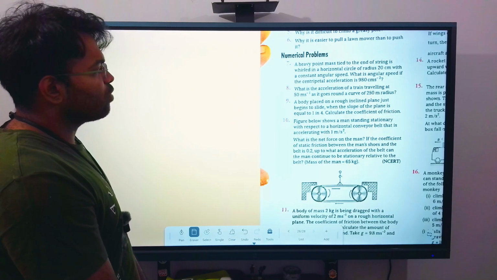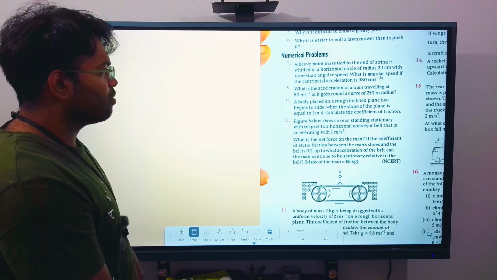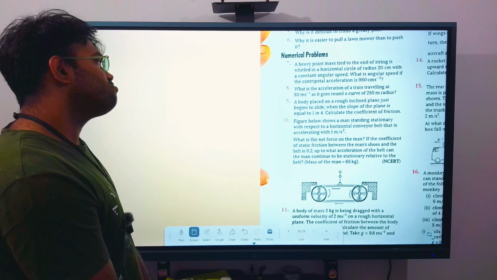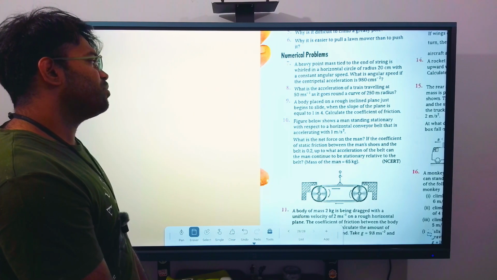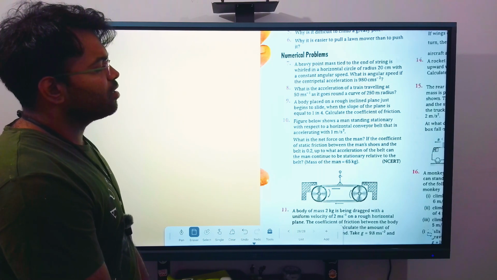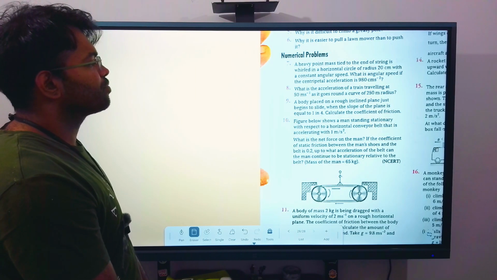What is the net force on the man? If the coefficient of static friction between the man's shoes and the belt is 0.2, up to what acceleration of the belt can the man continue to be stationary relative to the belt?